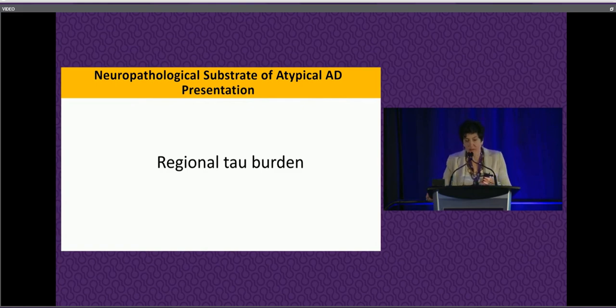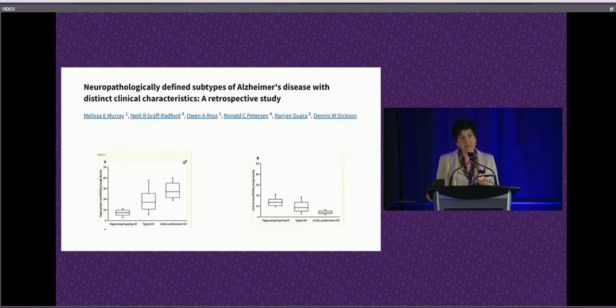And one of the very important ones is to understand the regional tau burden. Because we know from several studies that when we look at amyloid and tau, tau is a better predictor of cognitive decline. And again, they come from different directions in the brain, so it's important to differentiate both. We were very inspired by the work that Melissa Murray has been doing since the late 2010s, showing that with neuropathology, we could, for tau, distinguish different neuropathological subtypes of Alzheimer's disease.